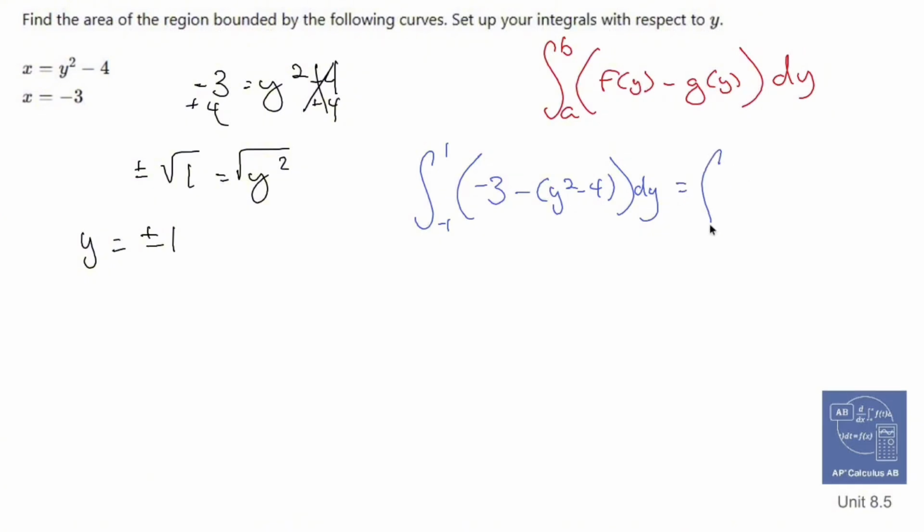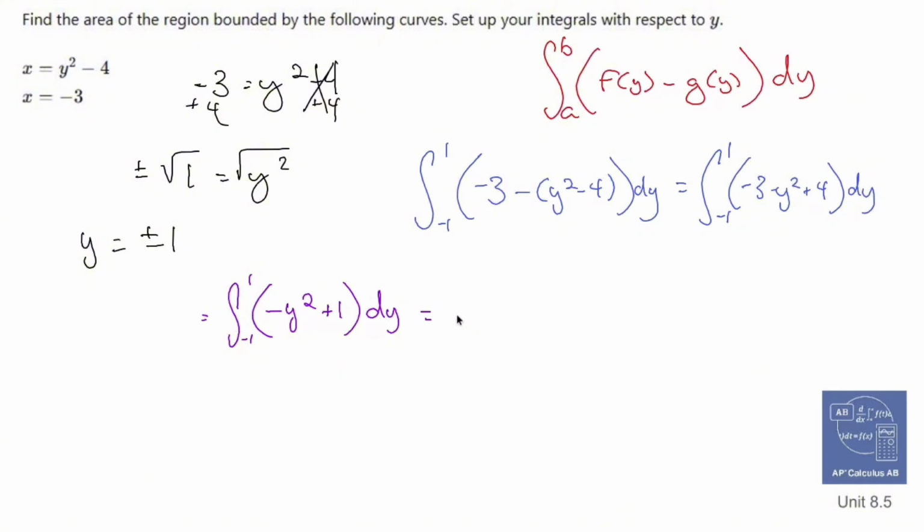Let's simplify that. Negative 1 to 1 of negative 3 minus y squared plus 4 dy. Let's move that over here where I have a little more space. Negative 3 and 4 make 1, so I have negative y squared plus 1 dy.